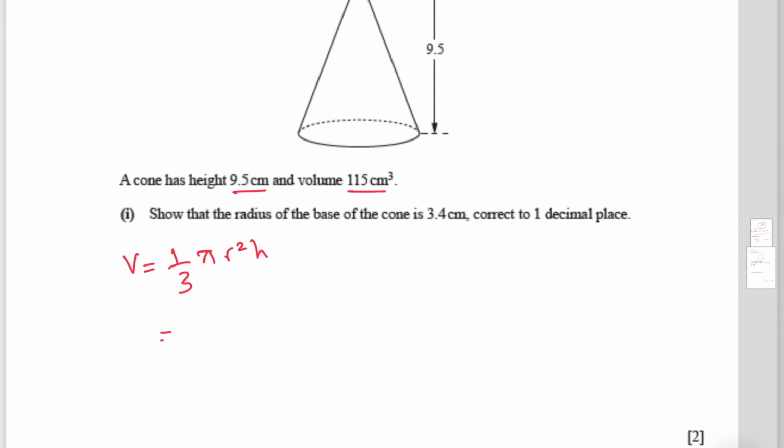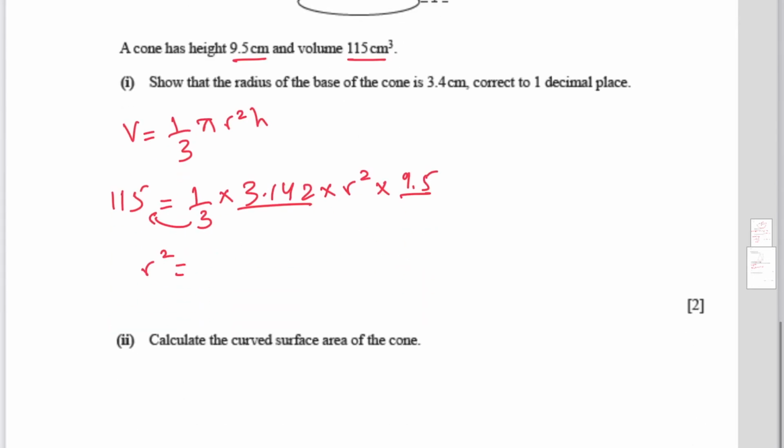So let's plug in the values. We have 115, then 1 over 3 times 3.142. We don't know the radius squared times 9.5. I'll multiply 3 with 115 and then divide it by these numbers. So r square would equal to 3 times 115 divided by 3.142 times 9.5. Let's see what we get.